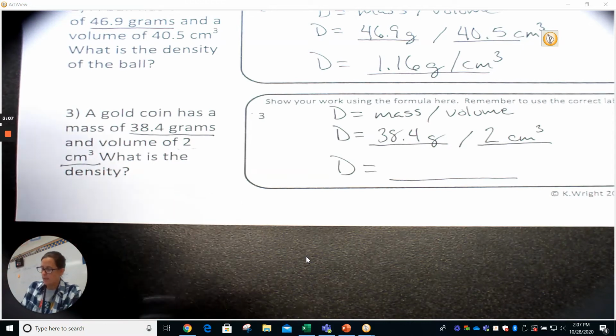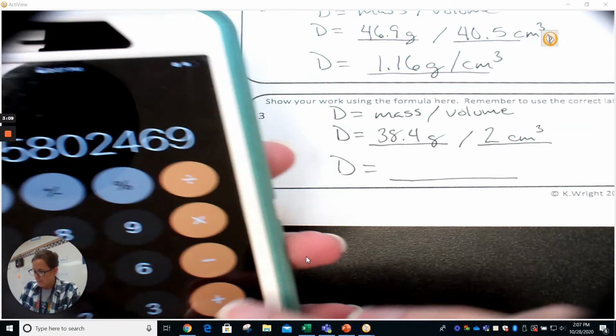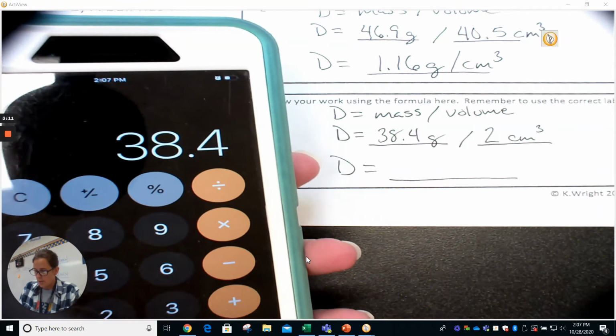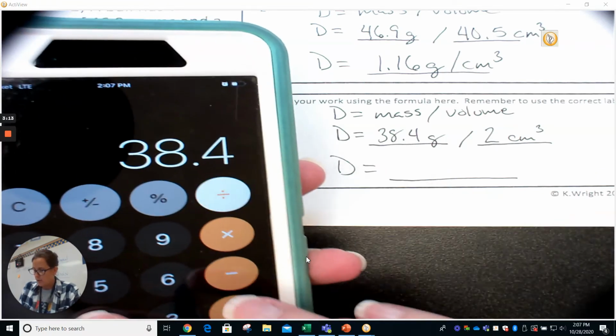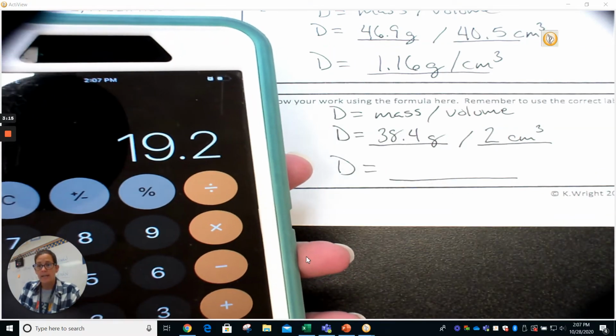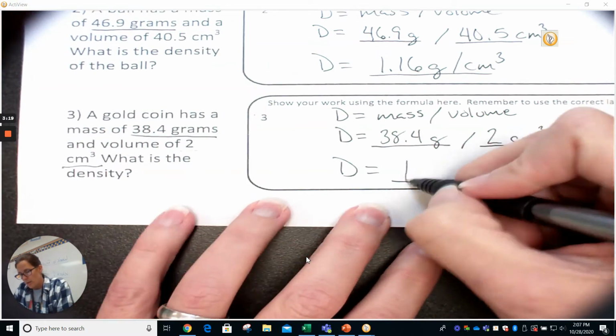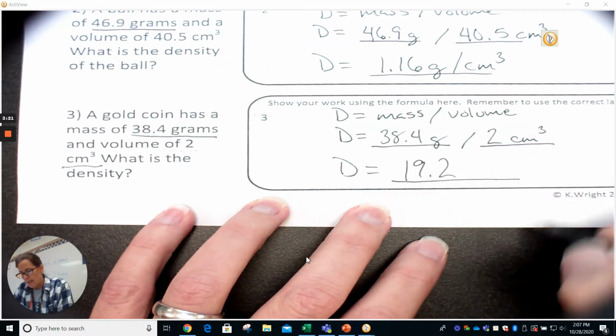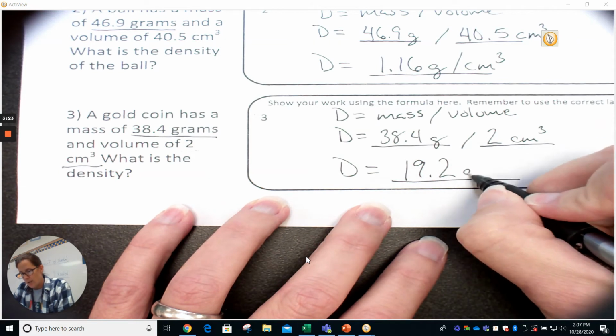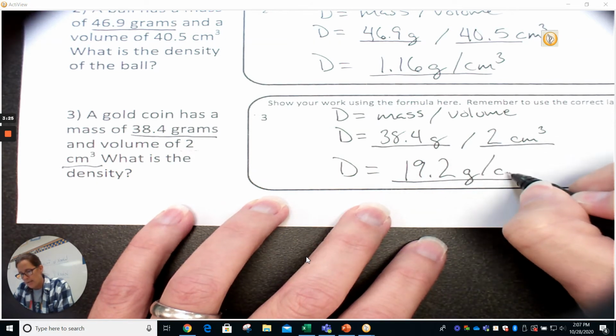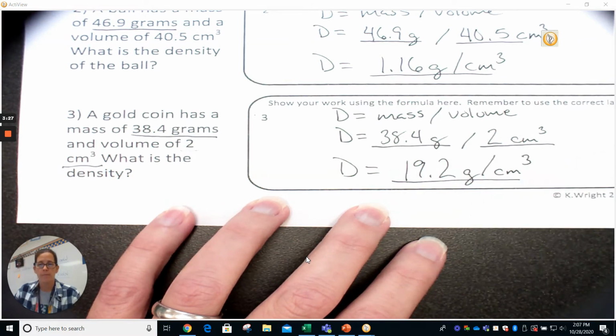Let's plug it into our calculator. We've got 38.4 divided by 2 equals 19.2. So that's our answer, 19.2, and I'm going to move my units down, grams per centimeter cubed.